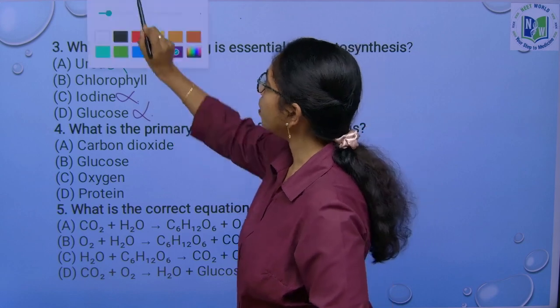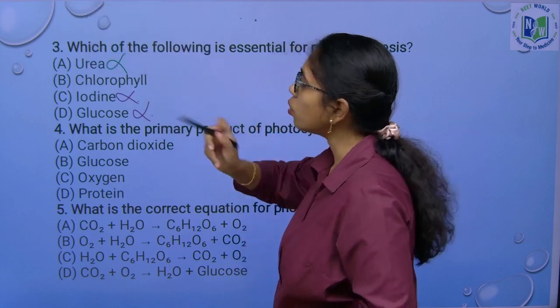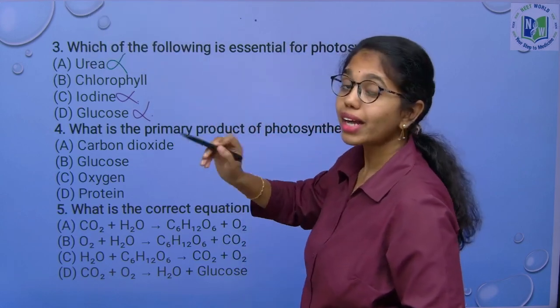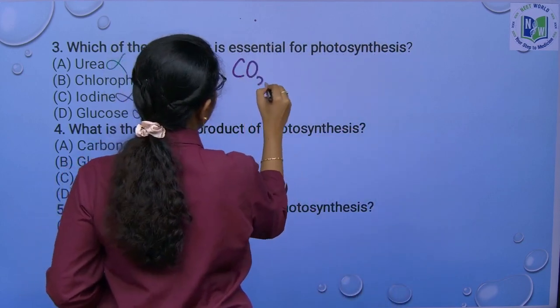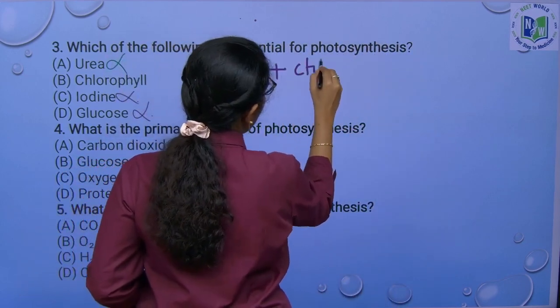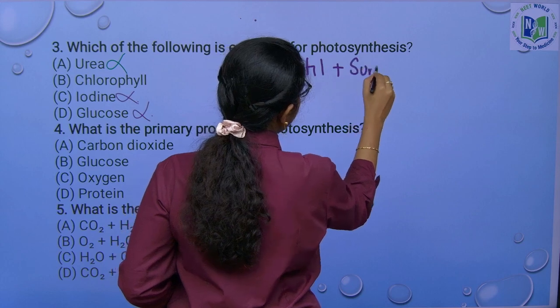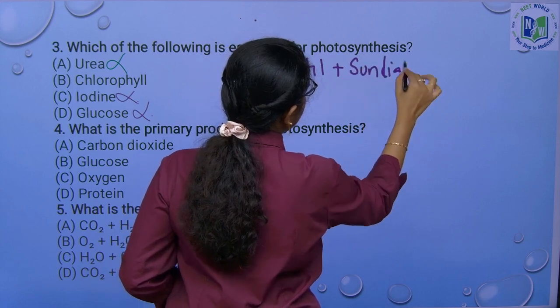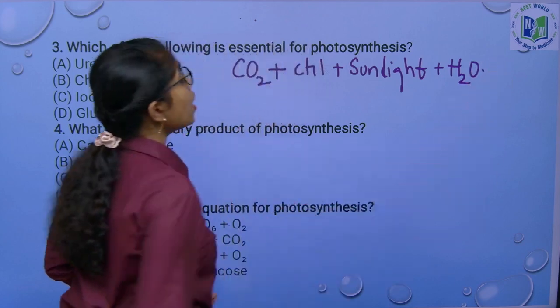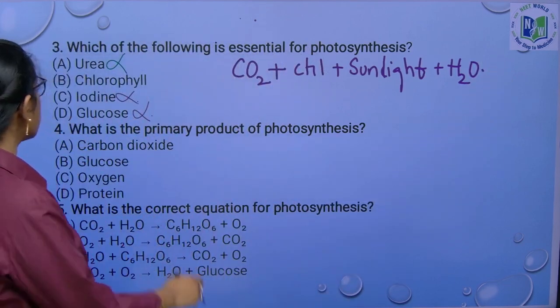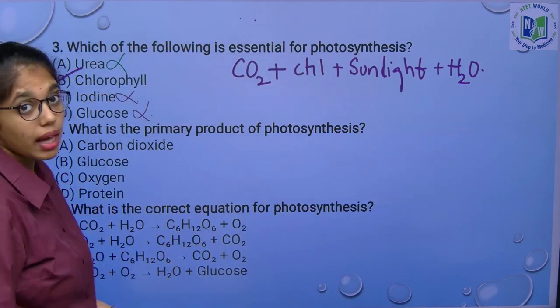Glucose is the end product of photosynthesis, so glucose is also not required. What are the raw materials for photosynthesis? Carbon dioxide, chlorophyll, sunlight and water. These are the raw materials for photosynthesis. So here we go with option B.